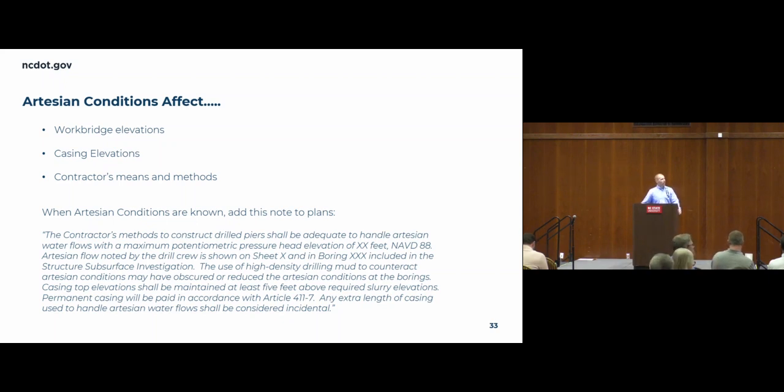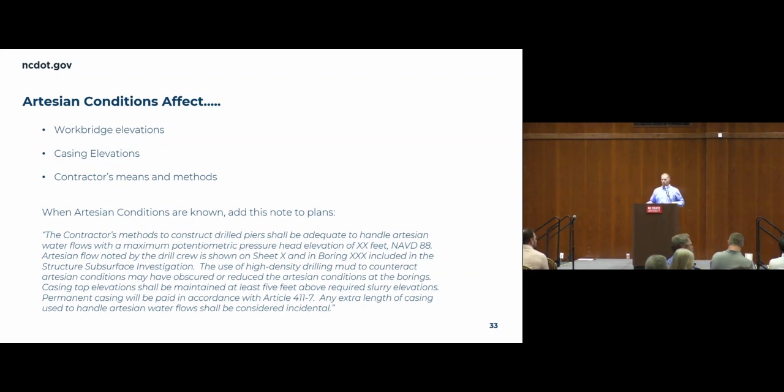I have this note on here that we came up with in talking with Geotech. Obviously, there'll be guidance on standard notes and so forth. But basically, when there are artesian conditions, we need to let the contractors know what to expect, right? There'll be an elevation, and the note will say that they have to anticipate artesian conditions to this elevation and anticipate casing to at least 5 feet higher than what that artesian condition is shown.